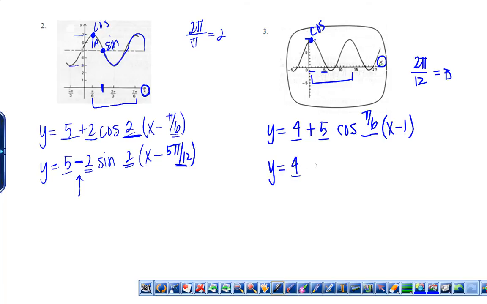So here is the 4 plus 5, my sine, pi over 6 does not change. And let's see, where do I want to start sine? If this is my sinusoidal axis, let's be different. Let's start over here on the left side. So I'm going to say this is my sine. So this is going to be x plus 2.